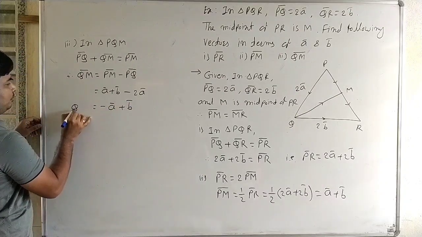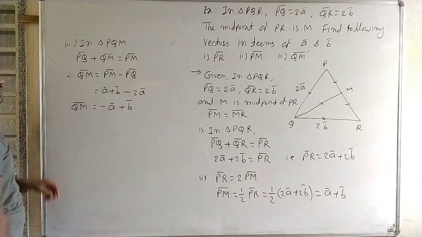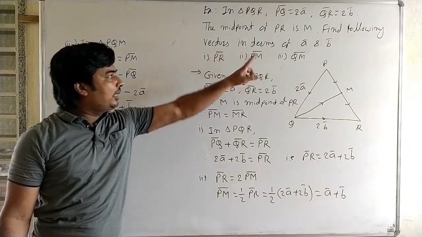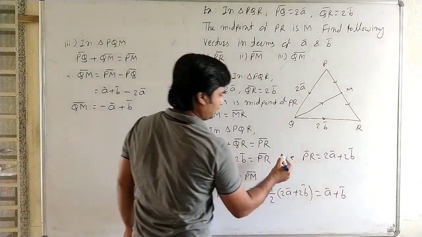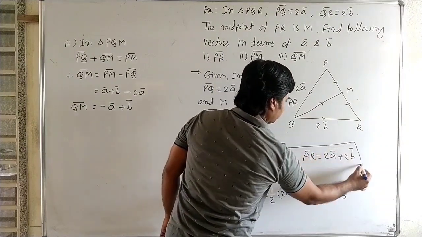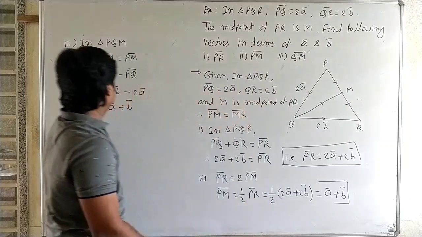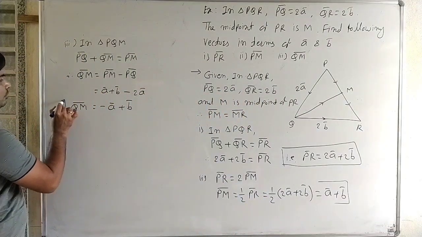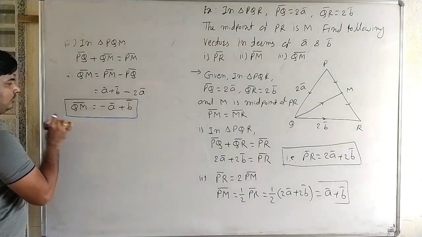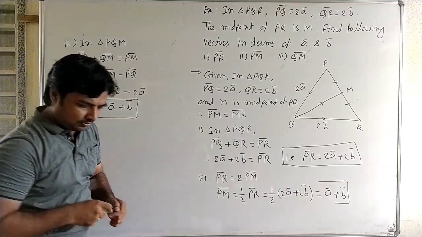It is QM. So we have found PR, PM and QM. Okay, now we see the next example.